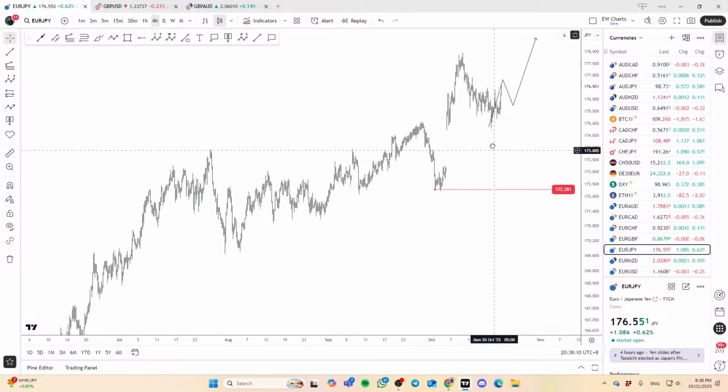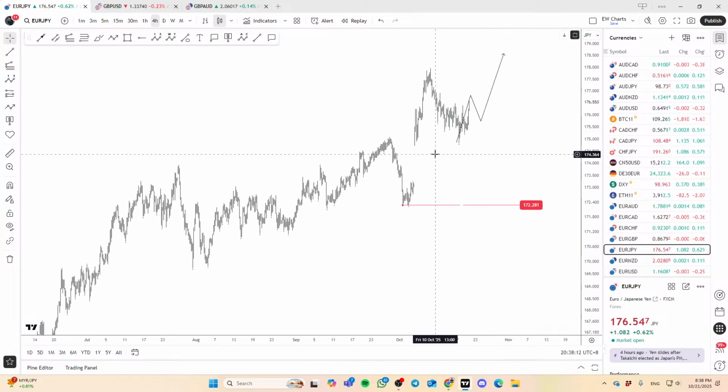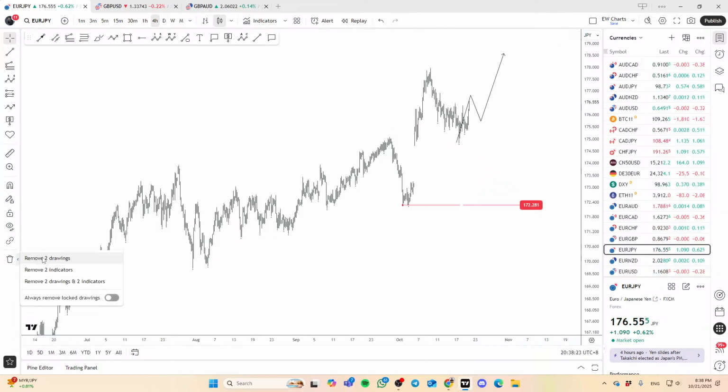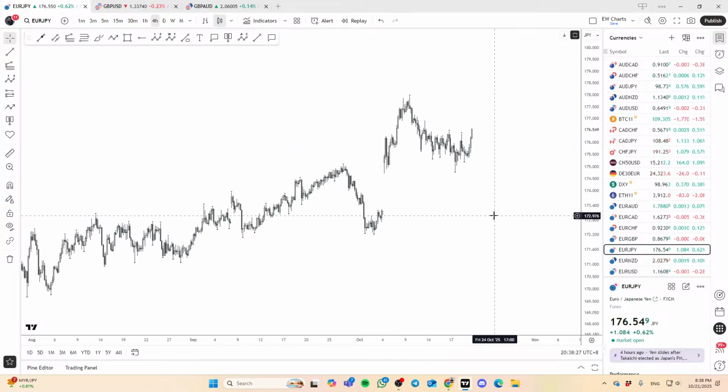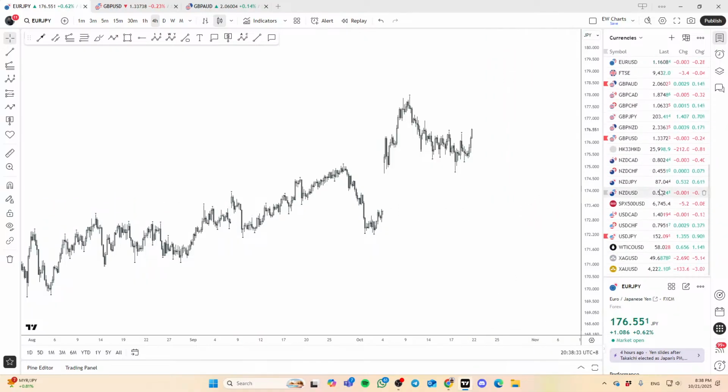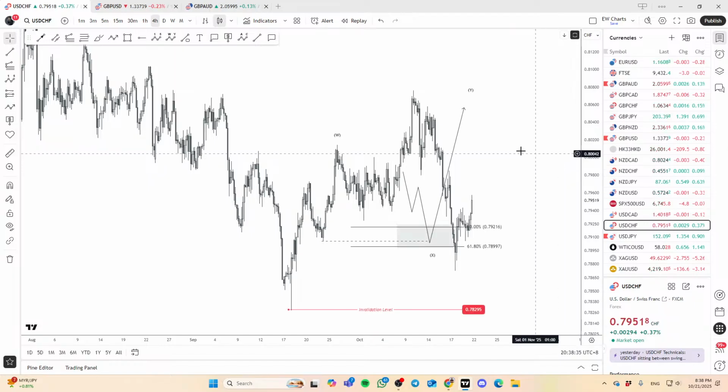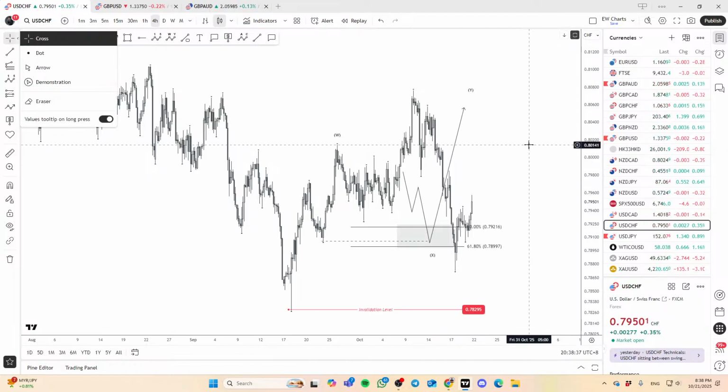Structurally, to be honest, Euro Yen may not be the cleanest compared to Dollar Yen as well as the Pound Yen. I think those two are structure-wise a little bit cleaner. But overall direction is generally going to be the same. So when we cover the other yen pairs, Euro Yen is likely just going to be in a similar direction.